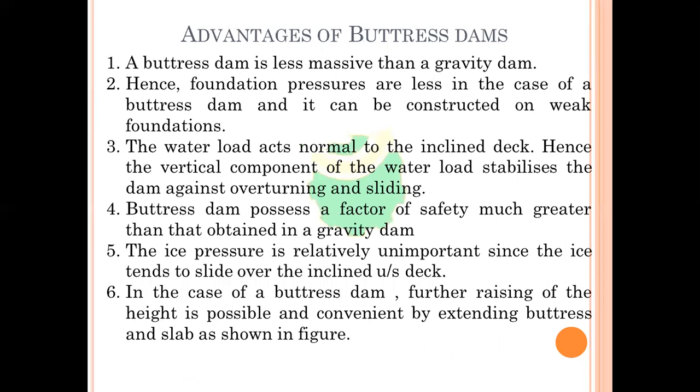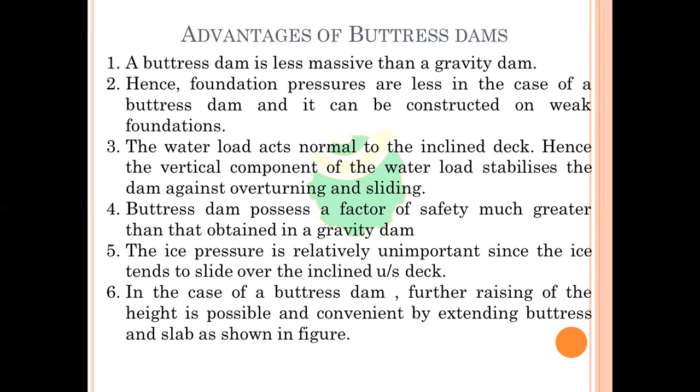Next, what are the advantages of buttress dams? A buttress dam is less massive than a gravity dam. Hence, foundation pressures are less in the case of a buttress dam and it can be constructed on weak foundations.